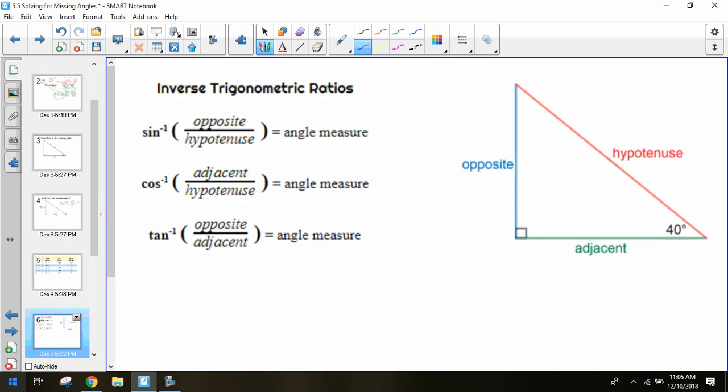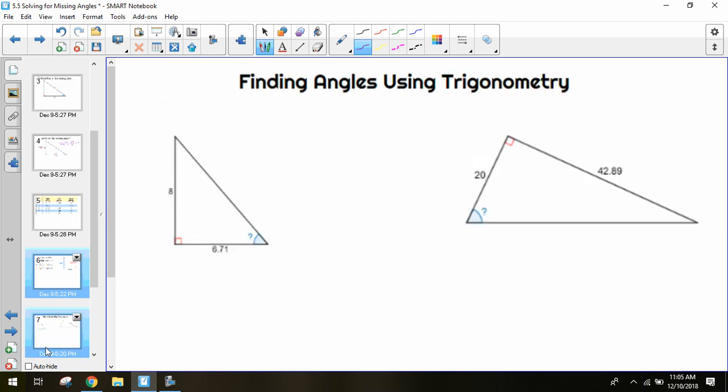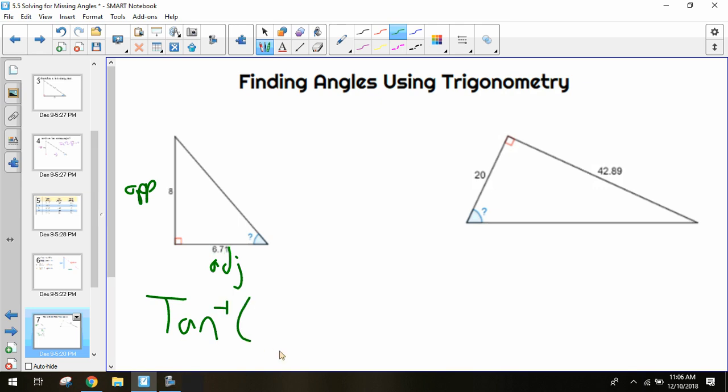So let's look at an example. We have these two problems. In this one, we have 8 and 6.71. What sides do we have available to us on this problem? Opposite and adjacent. Based off of opposite and adjacent, I know I'm going to need to use tangent, but because I'm looking for that missing angle, it's going to be inverse tangent.